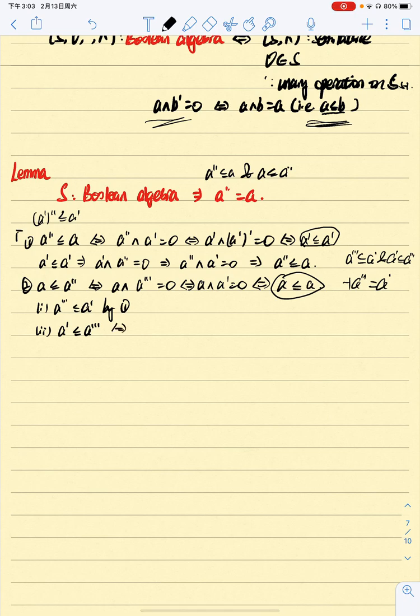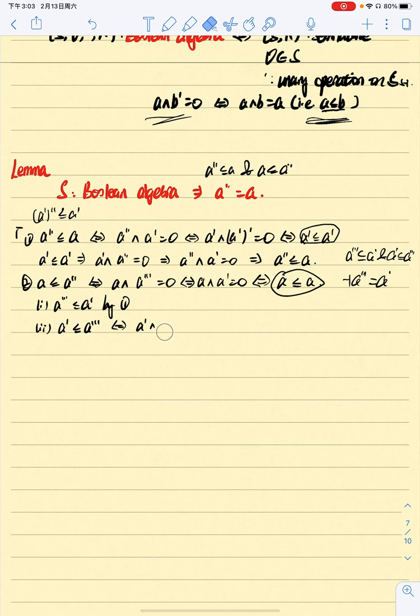If we want this result, we should have A prime and A triple prime prime, that is A quadruple prime, is 0. Let's change the order: A quadruple prime and A prime is 0. So A quadruple prime smaller than A.